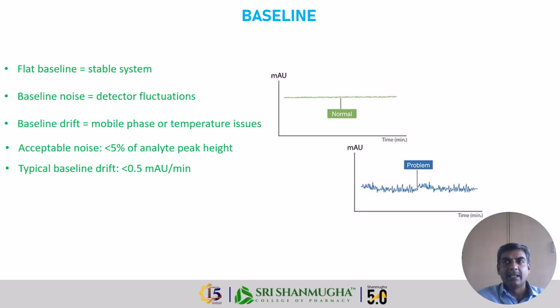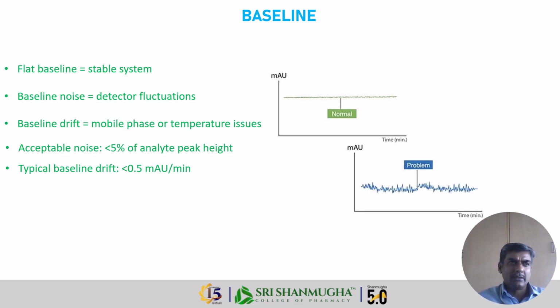That is like either climbing a hill or coming down a hill, so the baseline will appear like that. It is like an aeroplane taking off. So baseline drift is caused by the mobile phase or some temperature issues.